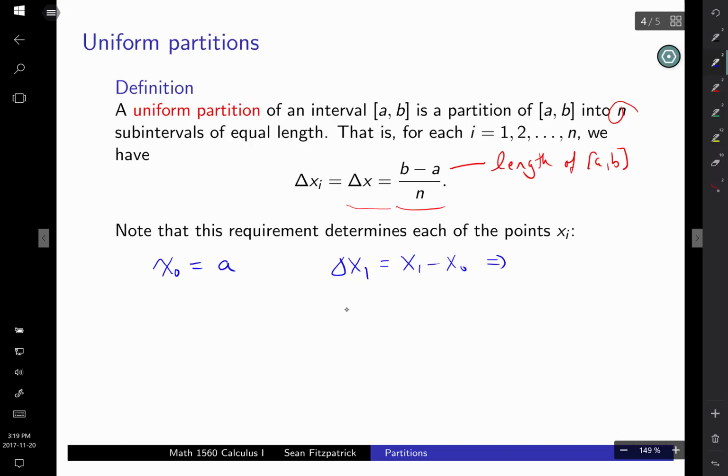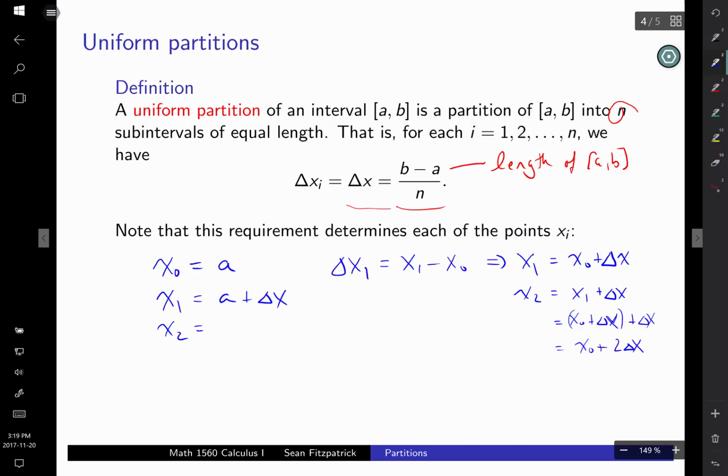That means if I solve this for x1, it's going to be x naught plus delta x1, but delta x1 is just delta x, so I get that x1 is a plus delta x, right? x2, same sort of argument, says that x2 should be x1 plus delta x, but of course x1 is x naught plus delta x, so this becomes x naught plus delta x plus delta x, which is x naught plus 2 delta x.